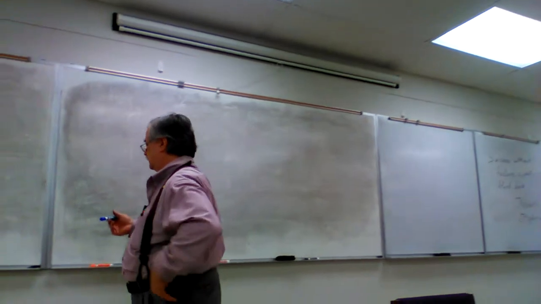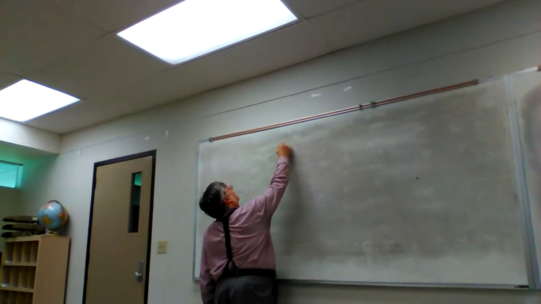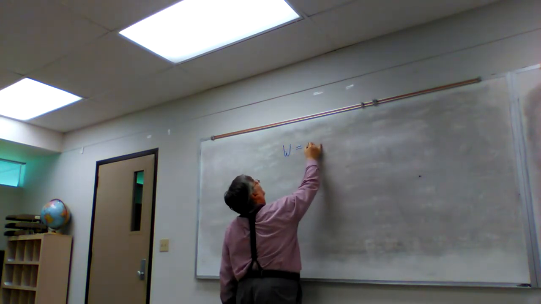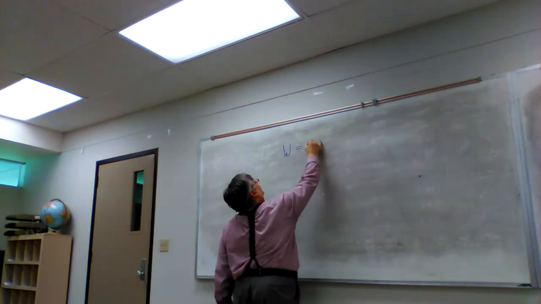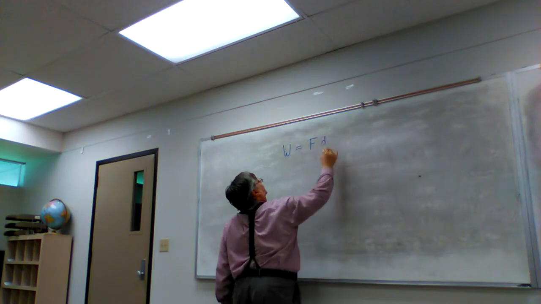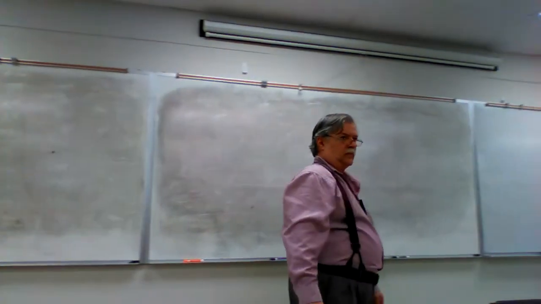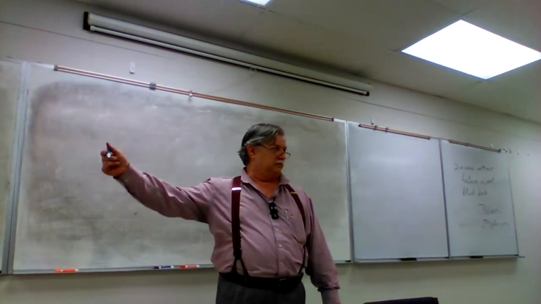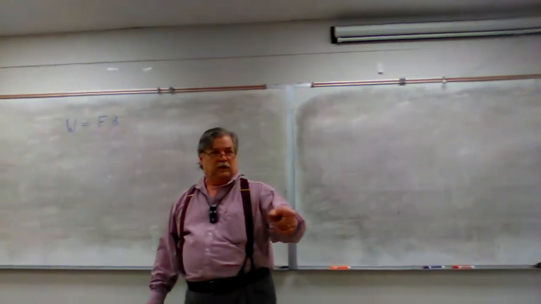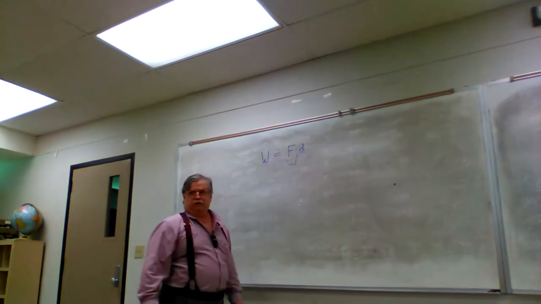Okay? That's where we're going to start today. The work done on an electric charge is equal to the force exerted on it times the distance that it travels. Does everybody remember that from Physics 1? Work equals force times distance. But in this case, we have an expression for that force.